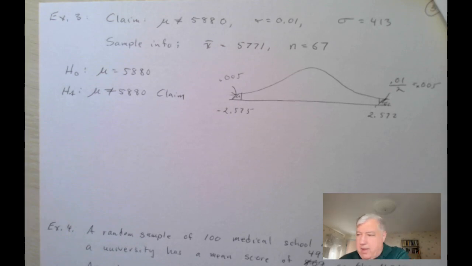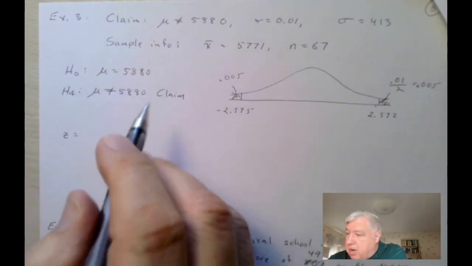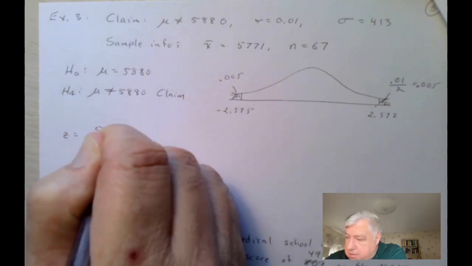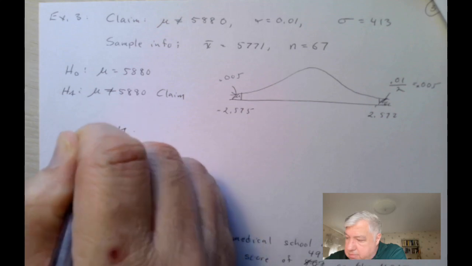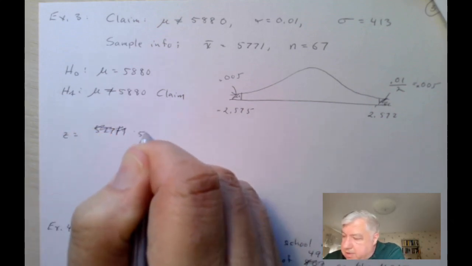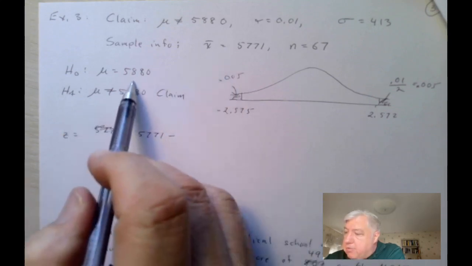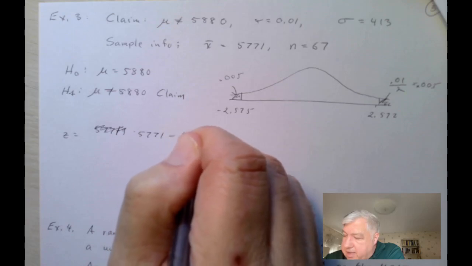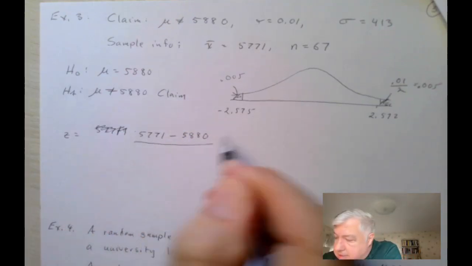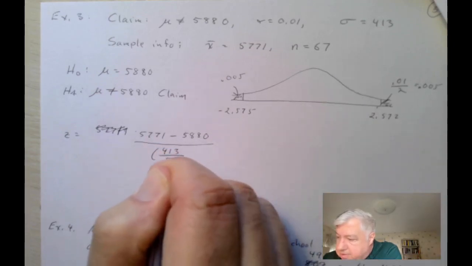Now we'll go ahead and compute Z. X bar is 5771. Mu we assume to be 5880. And then sigma is 413, so there's 413 divided by the square root of 67.